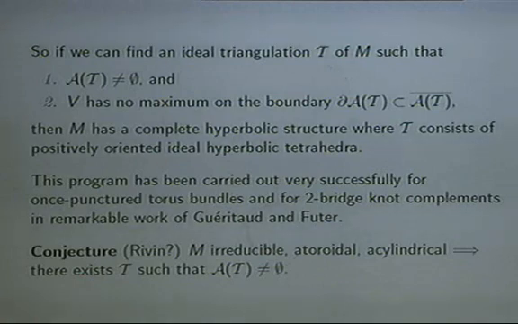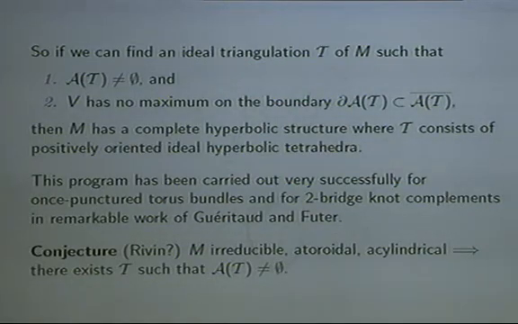This is in the case where the gluing map is pseudo-Anosov. There are a few exceptional cases which are not hyperbolic. And in fact, by a little bit more work, Guéritaud can show that these standard triangulations are actually the canonical triangulations for the punctured torus bundles.